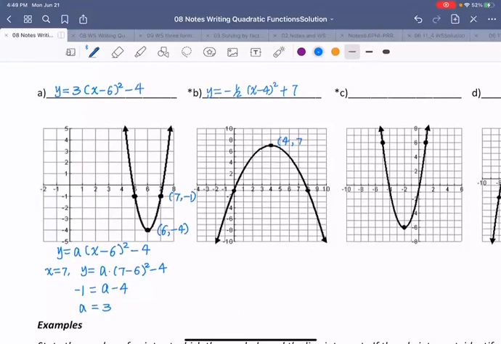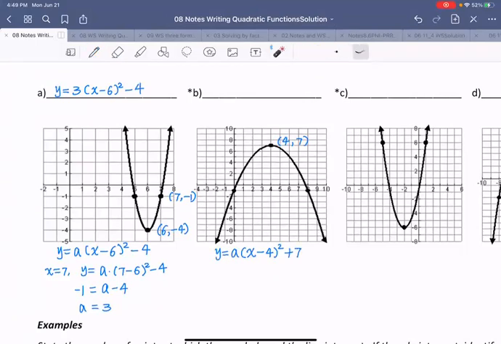So let's go ahead and write down y equals a times x minus 4, squared, plus 7. Good.